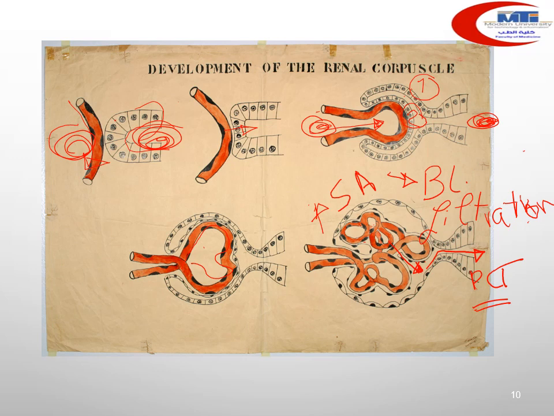This area is called the vascular pool, whereas the other pool is called the urinary pool. Okay, vascular pool and a urinary pool.